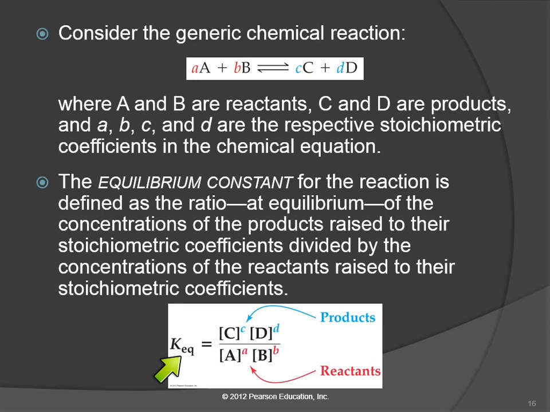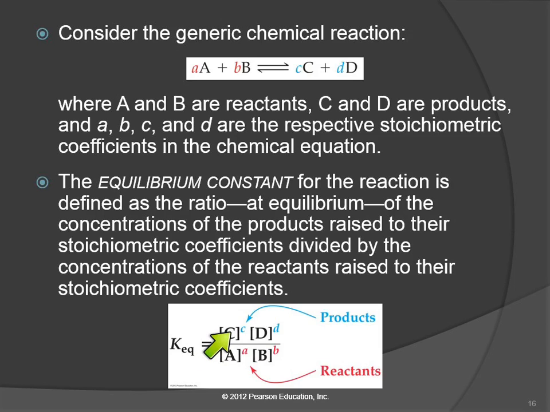So Keq, the equilibrium constant, is the concentration of the products. When we put brackets around a chemical formula, that means the molarity, which we have not talked about yet, but it's a concentration. It's how many moles of that are in a liter of volume.